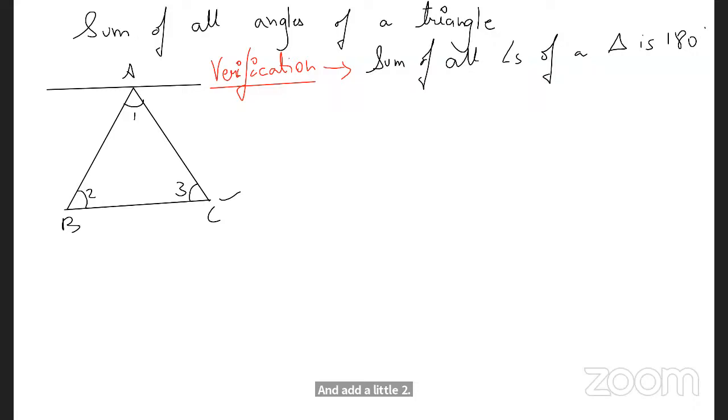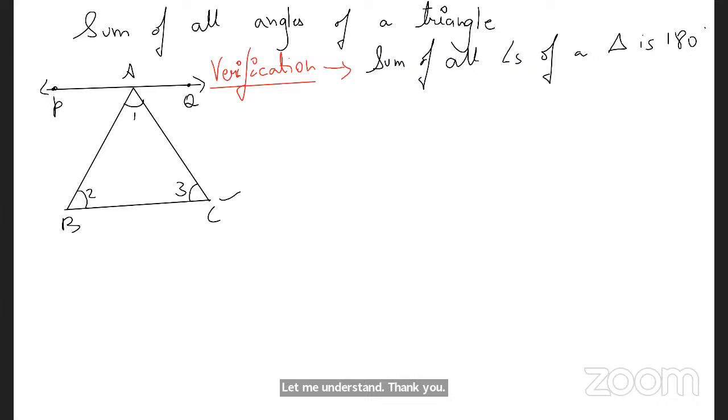Now let's mark it. Let's name this line PQ. This is P, this is Q.